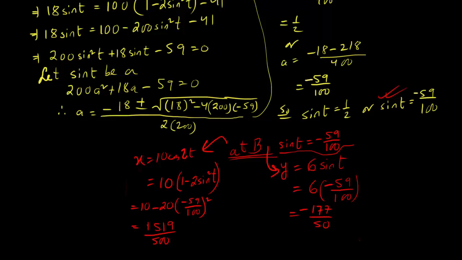And in case of the y coordinate, it is already in sin t format. We don't have to do any trigonometric identities. And remember, they ask for the exact coordinate. So that is going to be B: x coordinate 1519 by 500 and y coordinate minus 177 by 50. And that is the answer.